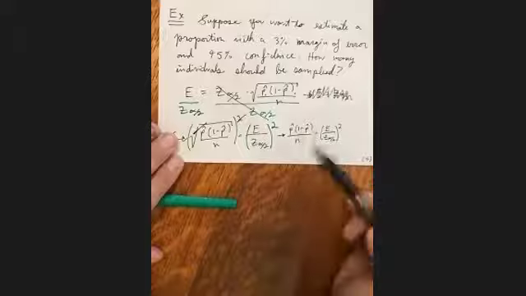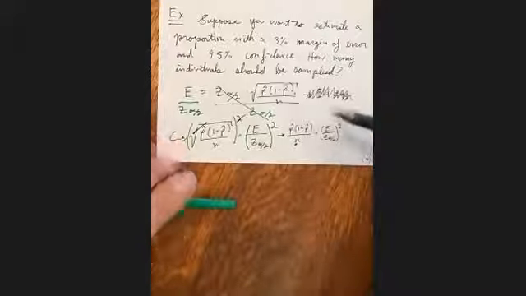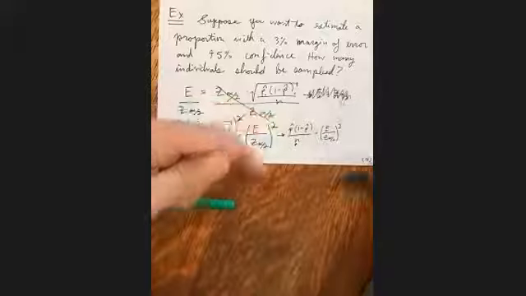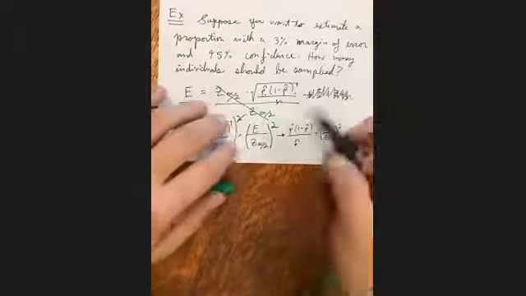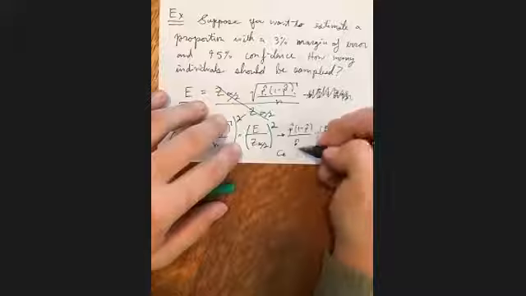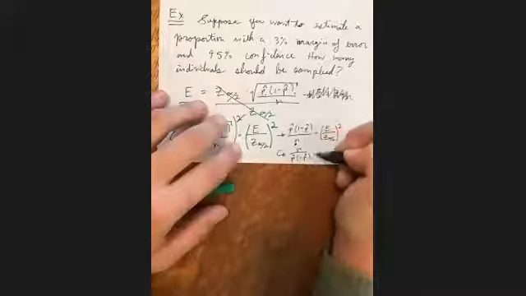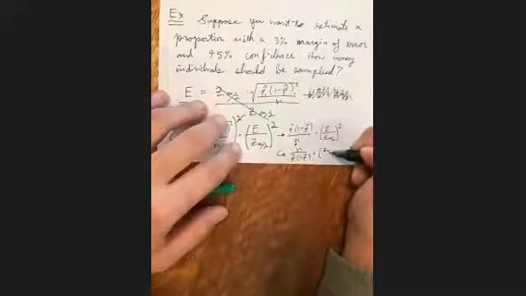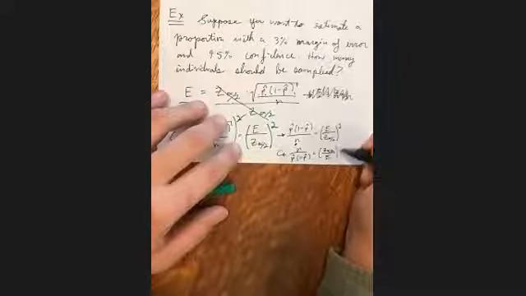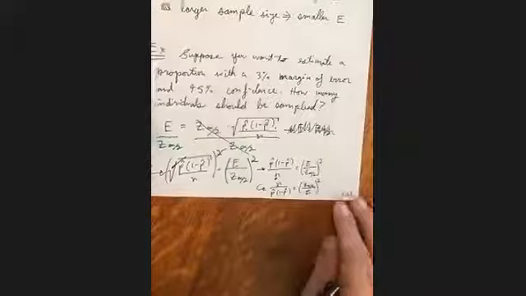Now we want the n, but the n is down below. The quick and easy way to deal with this is just flip everything over so that the n is on top. If I flip it over, then I get here, and we almost have the n.